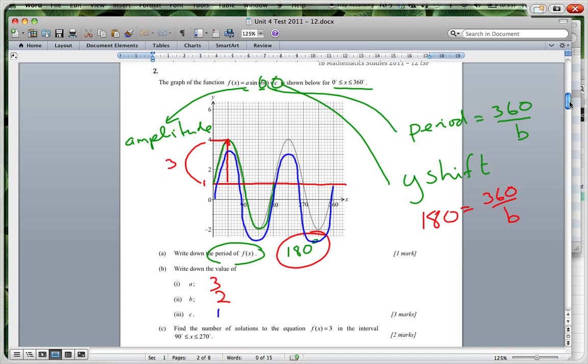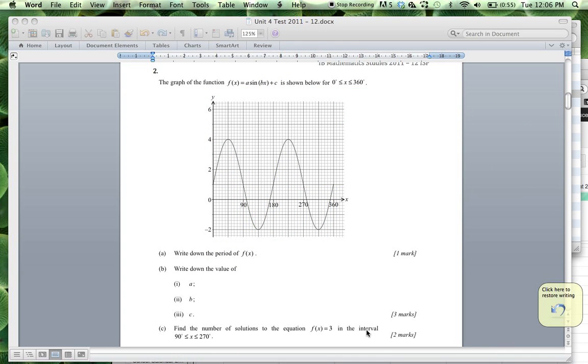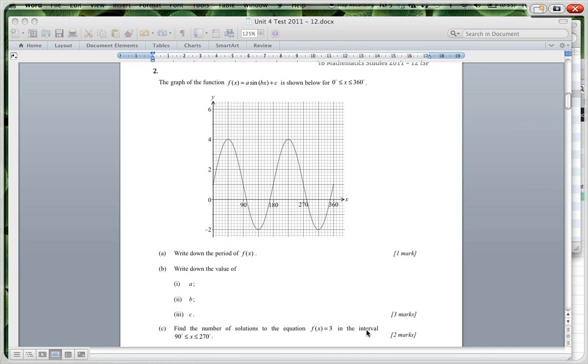Okay. And then, alright, so we all okay with that? And then finally it says, the number of solutions to the equation f of x is equal to 3. So we've got this graph over here, which is f of x. We want to see how many times it is equal to 3 between 90 and 270. So we're looking at this range over here from 90 to 270.